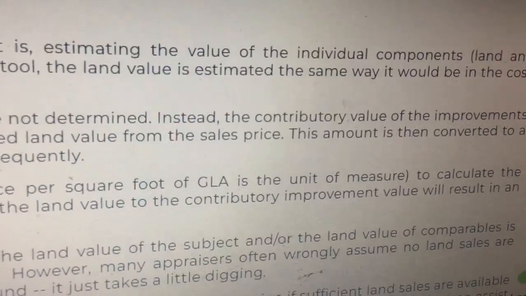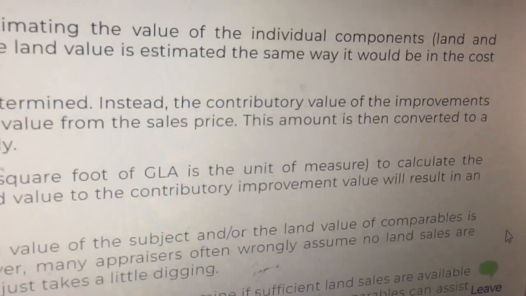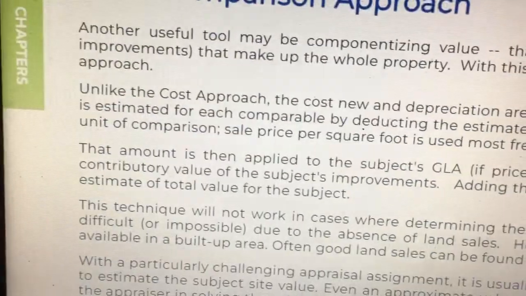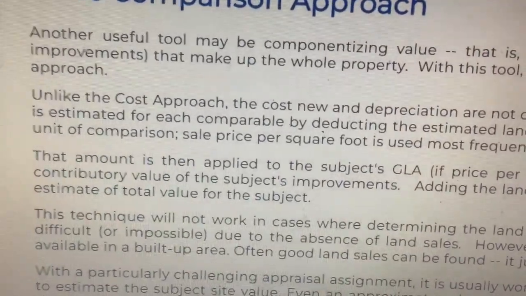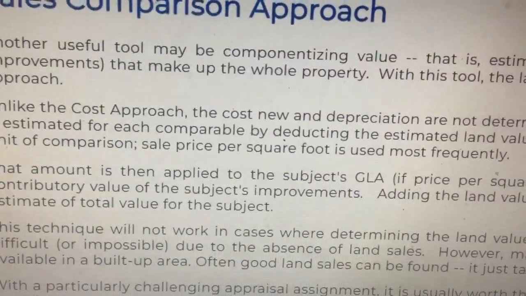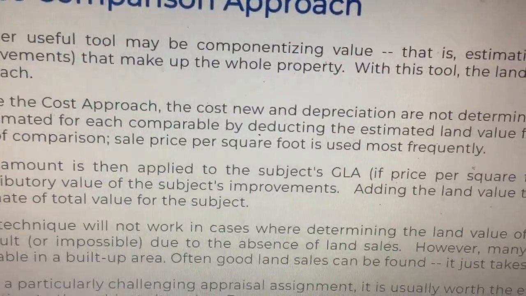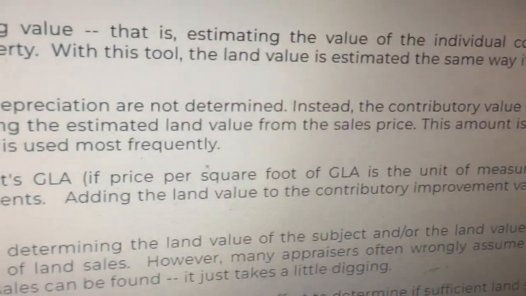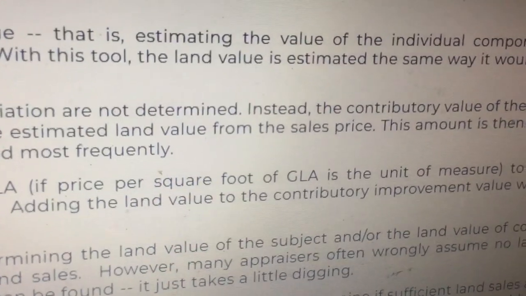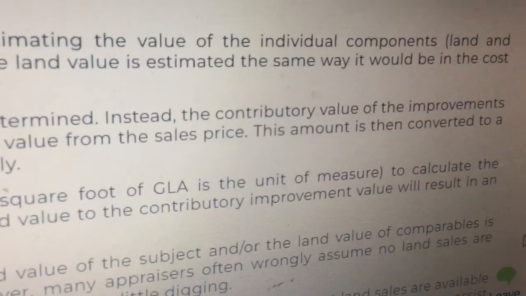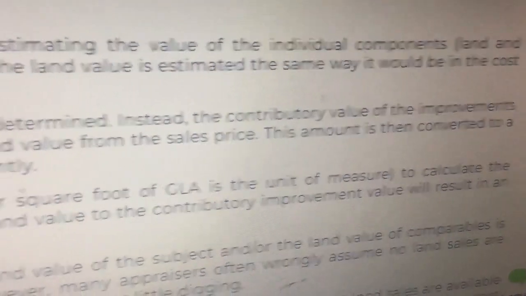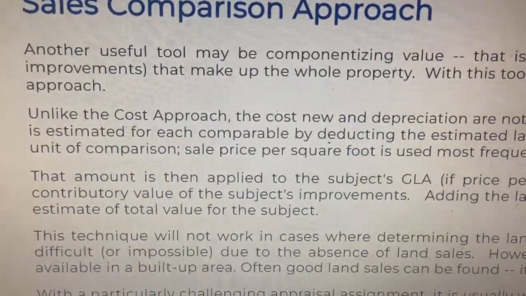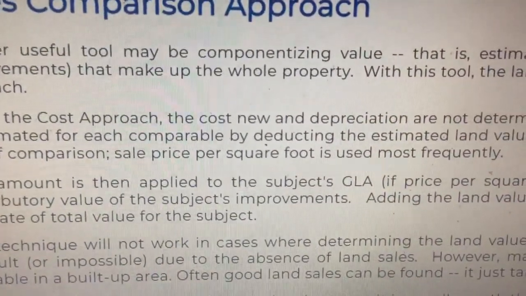Instead, the contributory value of the improvements is estimated for each comparable by deducting the estimated land value from the sales price. This amount is then converted to a unit of comparison.